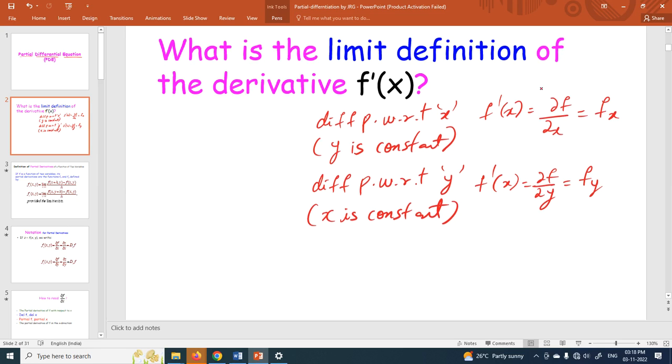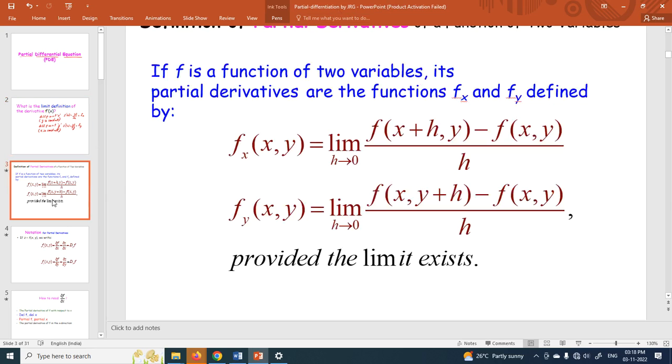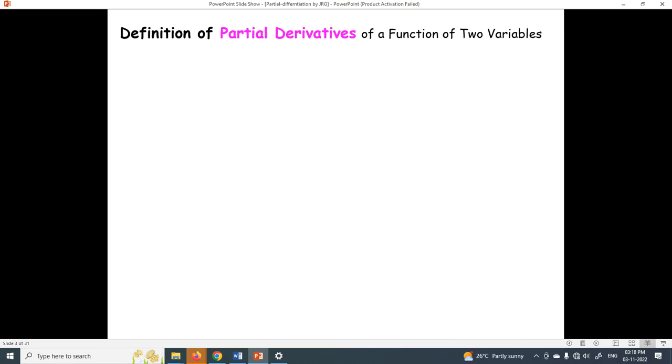And very important, what is the definition? Yes friends, so what does the definition say? Definition of partial derivative of a function of two variables.